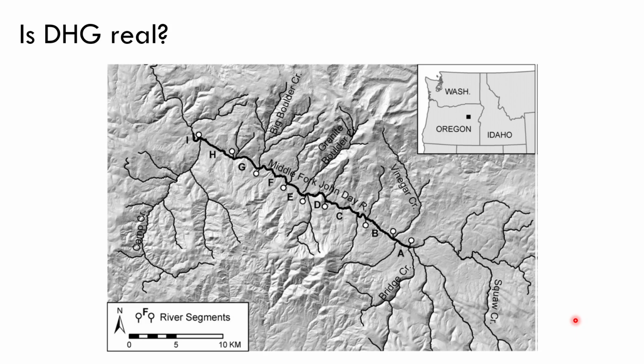So the question that's come up a lot lately, as we begin to collect more and more data, is: is hydraulic geometry real? And the answer is kind of, sort of, maybe. It's not a good answer for you, but downstream hydraulic geometry especially holds true for most rivers, okay?